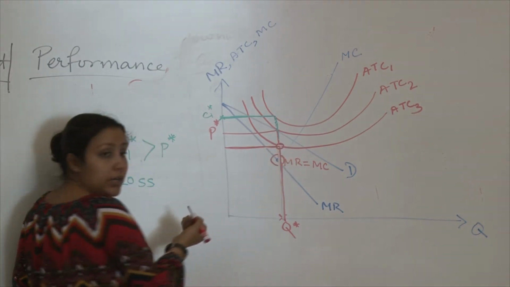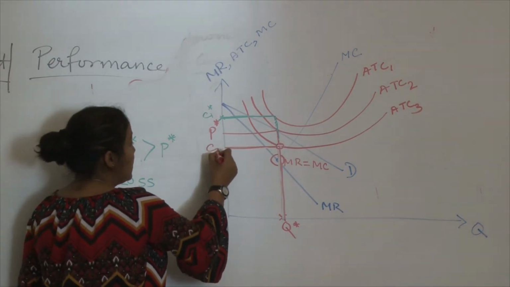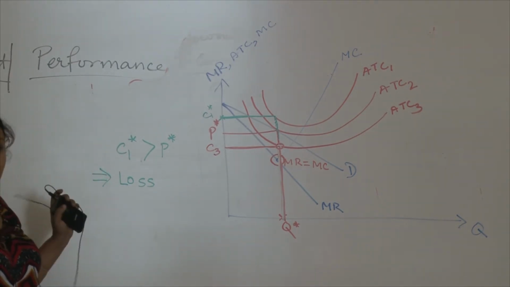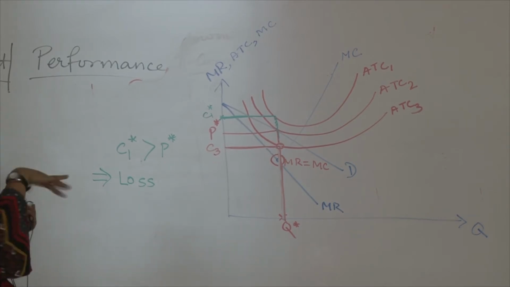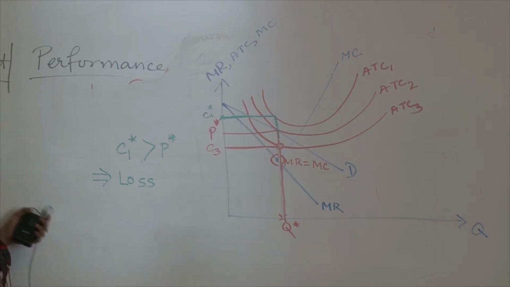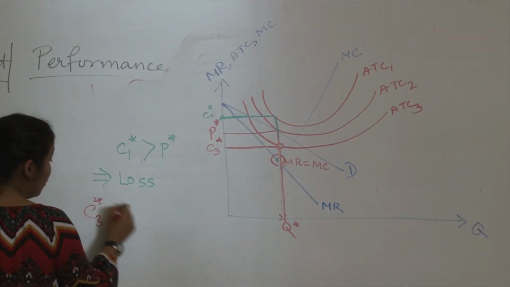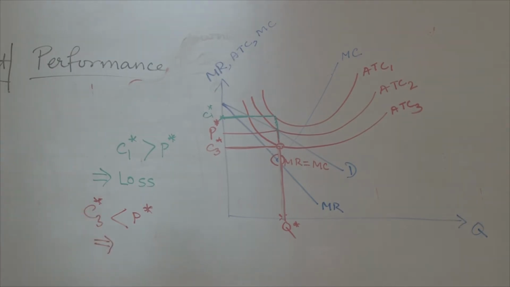I am reading it from ATC3, correct? So, the cost would have been C3. The price would still have been P star if he was producing Q star, because it is the same demand curve. But if his ATC is lower, then his C3 is lower than that market price. So, is this situation of profit or loss?